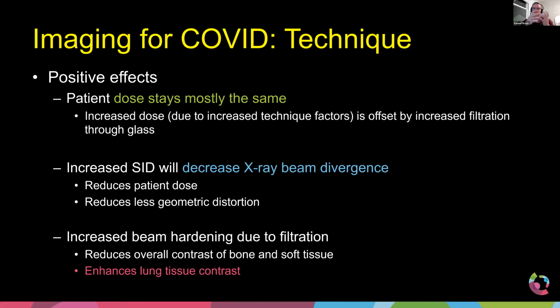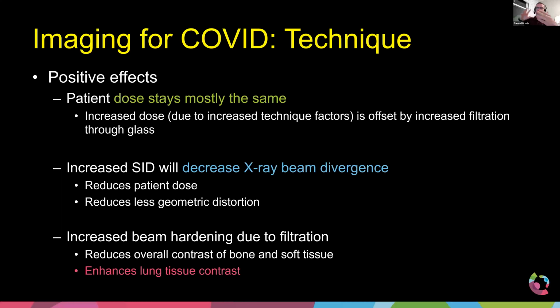And so the dose to the patient actually hasn't changed that much, as we've done the calculations. So don't worry too much, because yes, you've just doubled, maybe tripled your technique that you're normally used to. And that might be scary to some technologists. But understand that A, you're still doing this for their benefit, so even if it is a little more dose, that's okay. But two, most of that dose is getting absorbed in the glass, so it's not too bad.